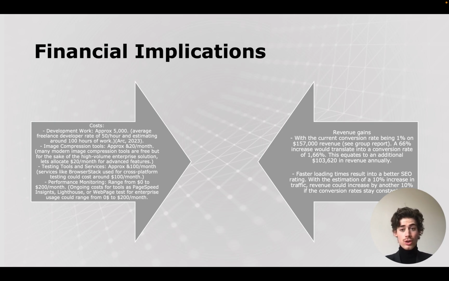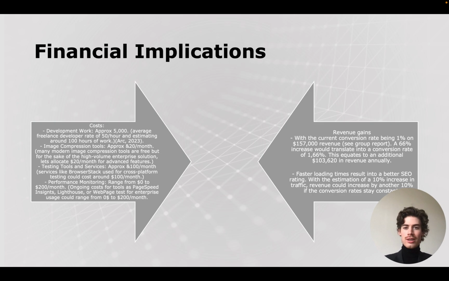If the current conversion rate is 1% on $175,000 revenue, a 66% increase would lead to a new conversion rate of 1.66%, which equates to an additional $620,000 a year. Second of all, improving the SEO ratings, faster loading times lead to better SEO rankings.